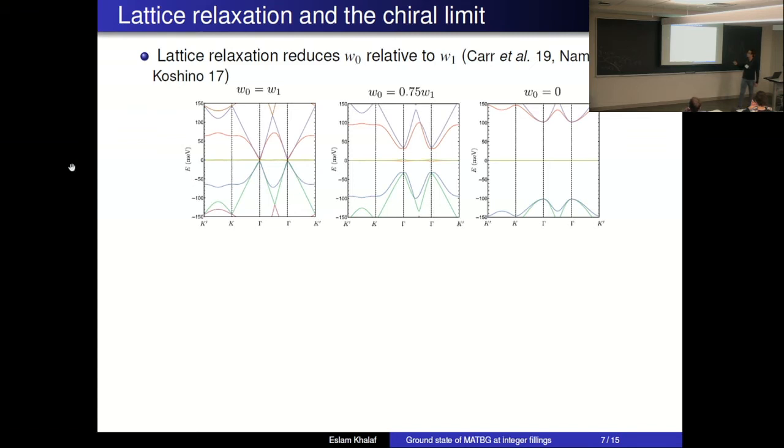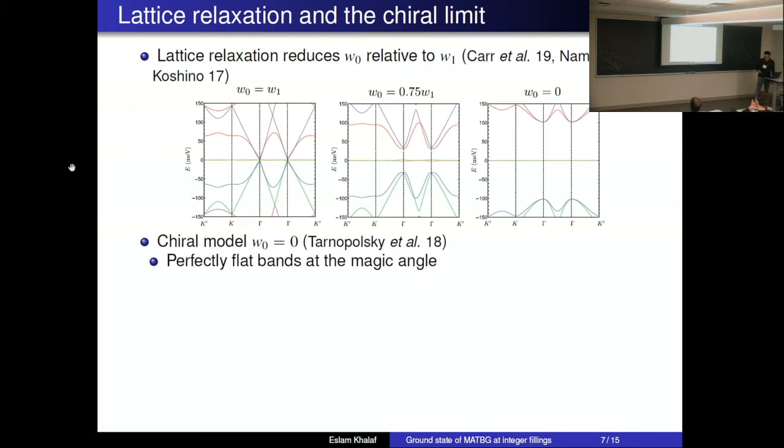So there is no more tunneling between the same sublattice. This model was proposed by people in Bernevig's group, by Grisha and others. And the model has several very interesting features. One of them is that the bands become perfectly flat at the magic angle, so mathematically flat.